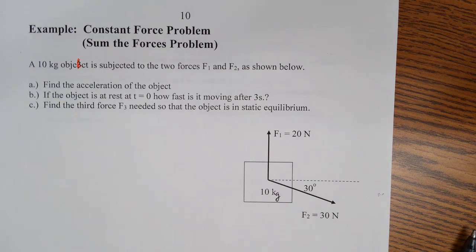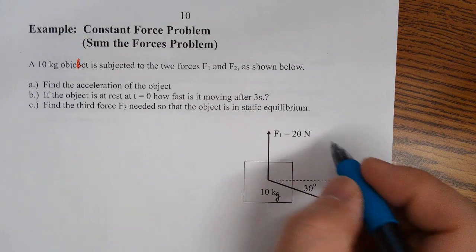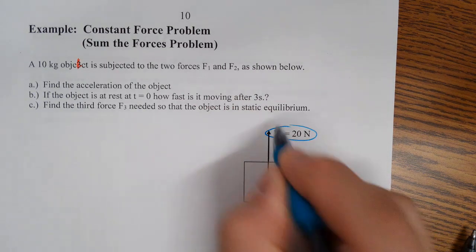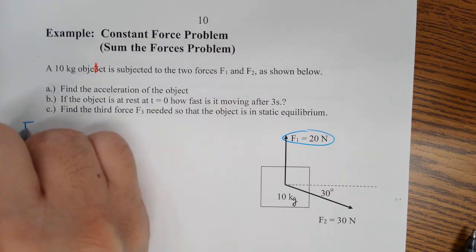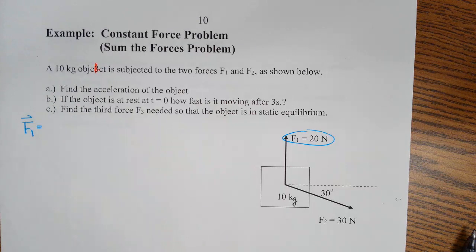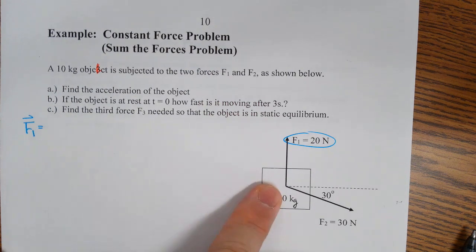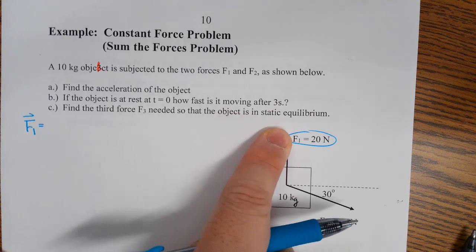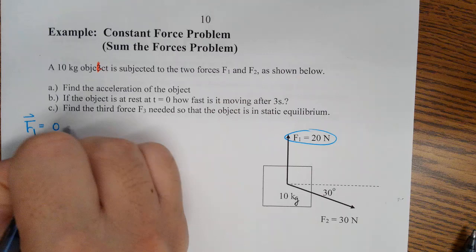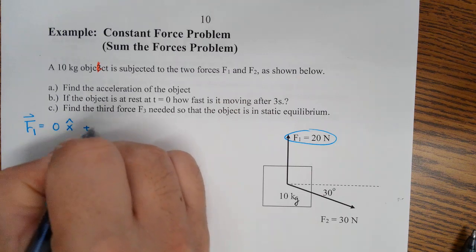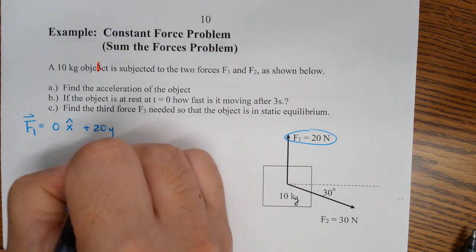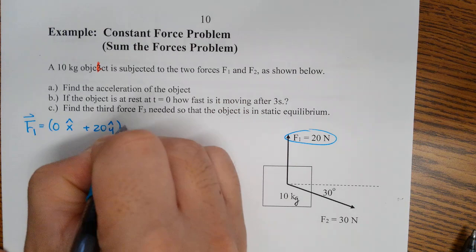So if you were to think about F1, here's my F1. F1 can be represented as, looks like it's only going in the y direction, right? So it looks like 0 x hat plus 20 y hat newtons.